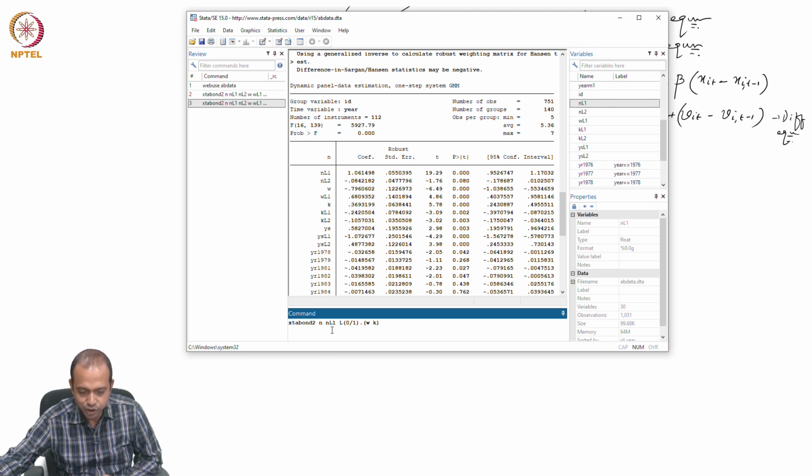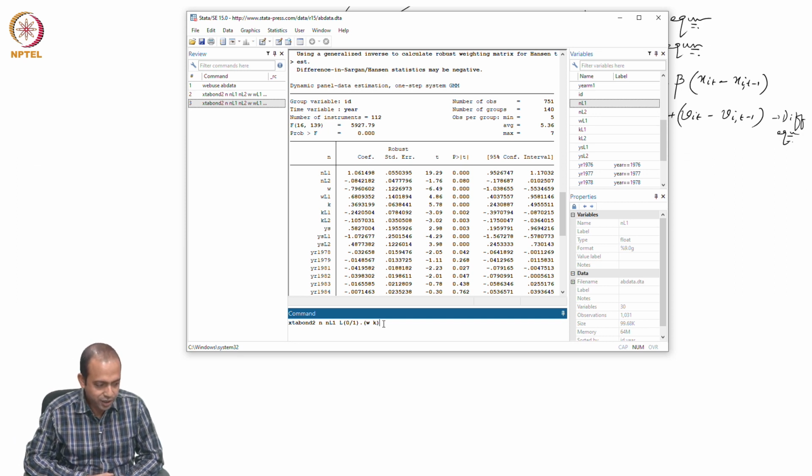But here we are considering only n L1, no second order lag. And then we have year star.